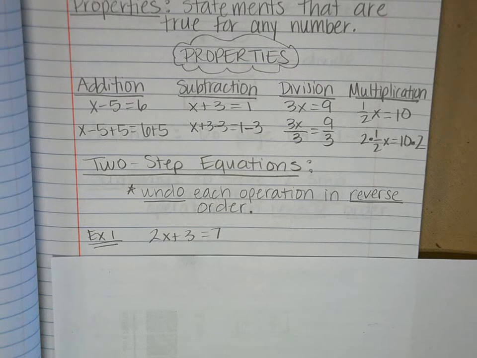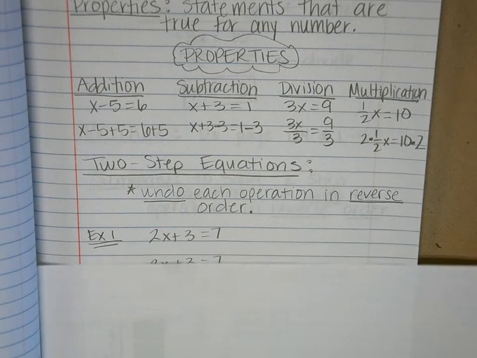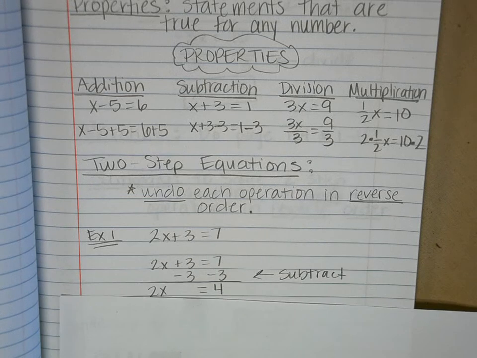And then what? After we subtract 3, what should we do? What do I do with the 2x once I subtract the 3? You guys are quiet today. Divide, right? Okay? So first, we subtract. I kind of rewrote it there to show you. You subtract. So you should get 2x equals 4.